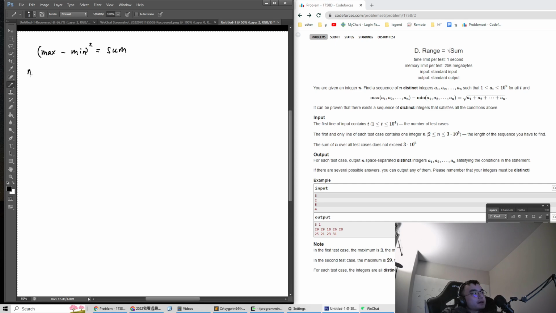So if n is even, then we can start from n minus n divided by 2, right? Until n minus 1, then n plus 1, n plus 2.